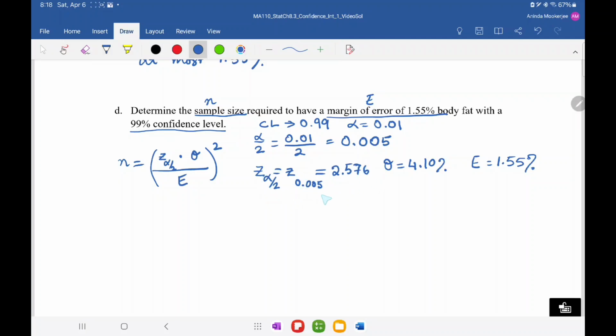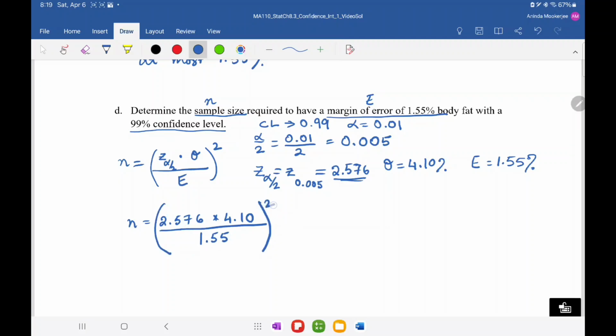And now that we have all our values, let's plug it into this equation here. So n equals Z of alpha by 2, which is 2.576, times 4.10 for sigma, so 4.10 divided by E, which is 1.55, and the whole expression is squared.